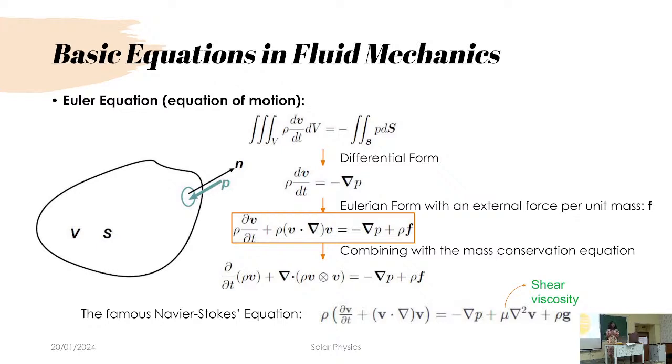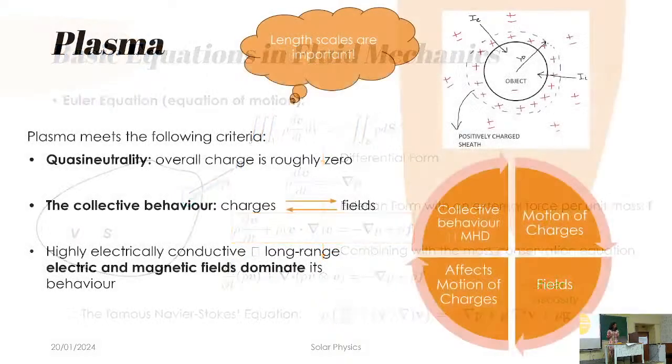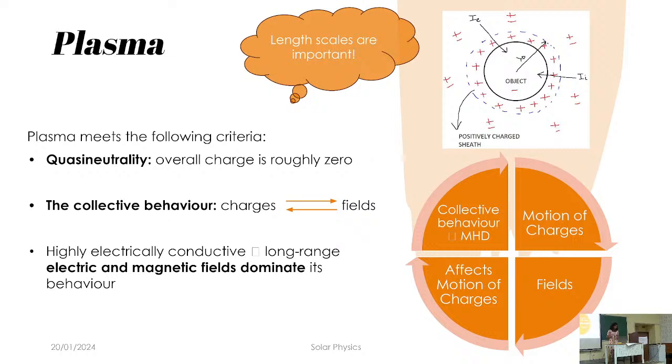Okay, so now trying to bring us back to the topic, talking about plasma. We were trying to characterize plasma. So let me quickly define what is plasma. It is a collection of charged particles, and it could also have neutral particles, which meets the following criteria. First, that it is quasi-neutral in nature. That is, on a large scale, it is almost neutral.